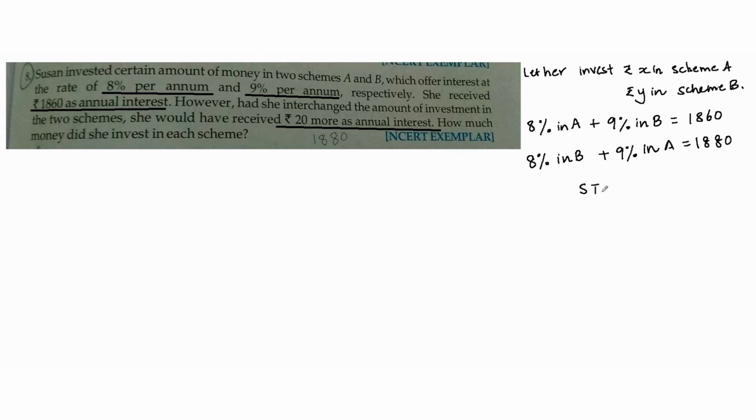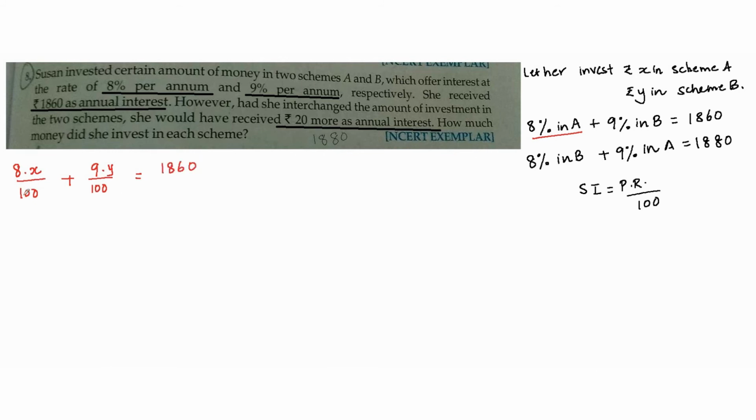I know that simple interest is given by P into R into T divided by 100. In this case, the time is 1 year, so we can say T is equal to 1. Therefore, the simple interest in A at 8% would be 8 into X divided by 100. 8 is the rate, X is the principal, time is 1, plus 9% in B, so that would be 9 upon 100 times Y is equal to 1860.